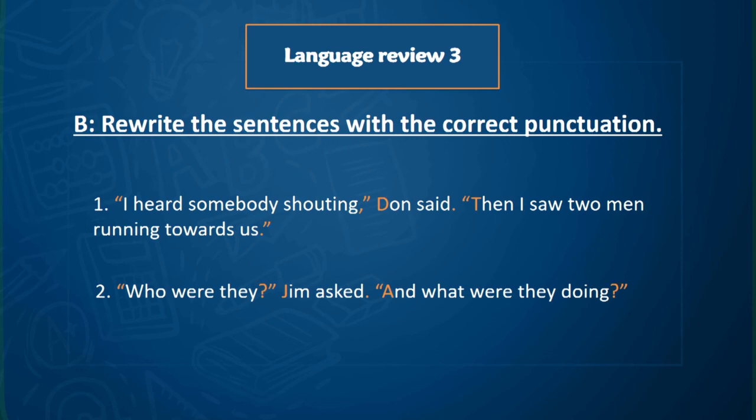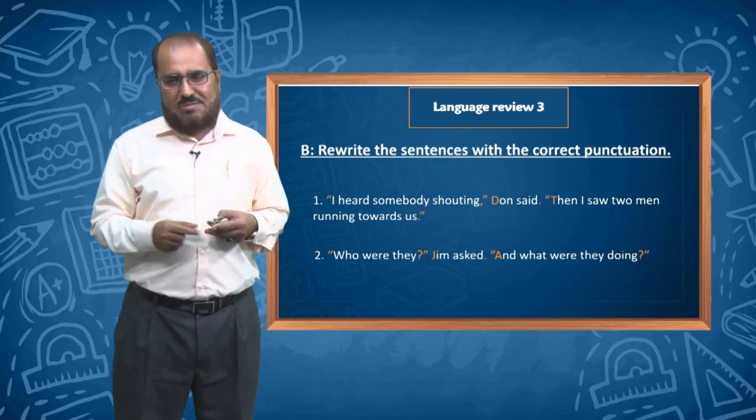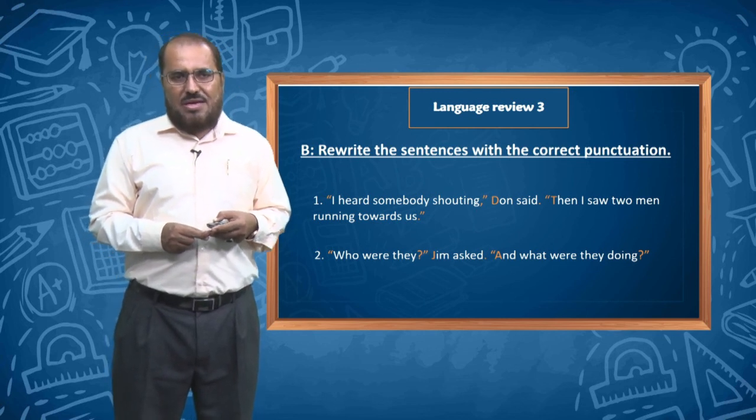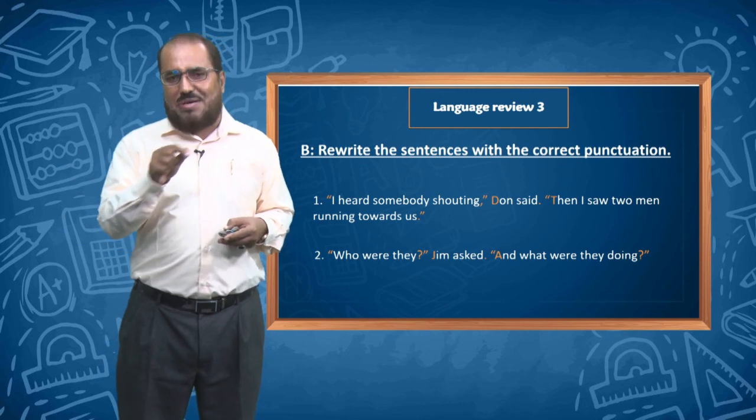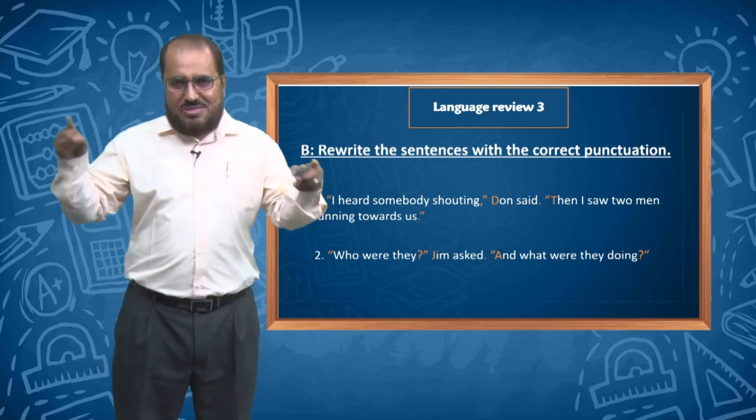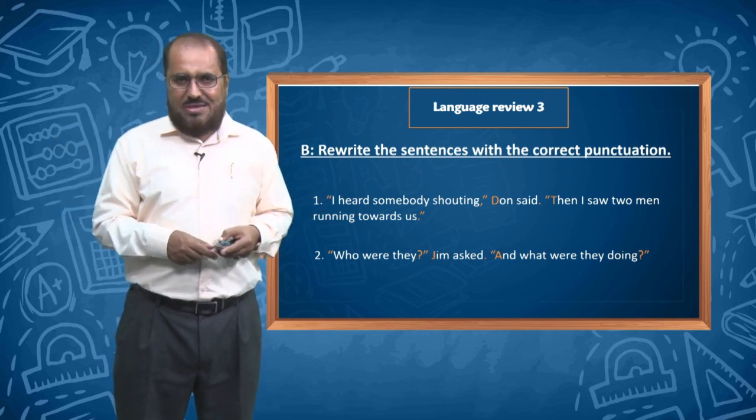Question mark, because it's a question. And this question is said by whom? By Jim, not by the writer himself. So we put it in speech marks. Jim asked, also capital J because Jim is a proper noun. And what were they doing? This is a second question asked by Jim himself. So we put it in speech marks.